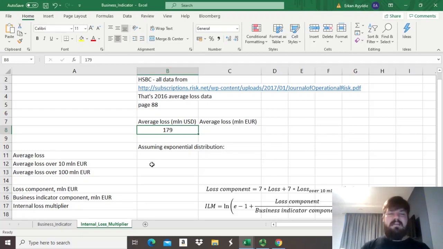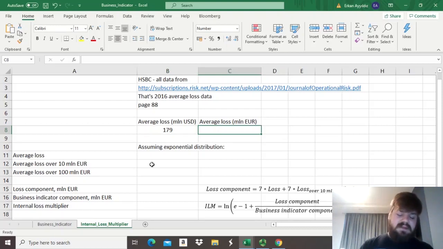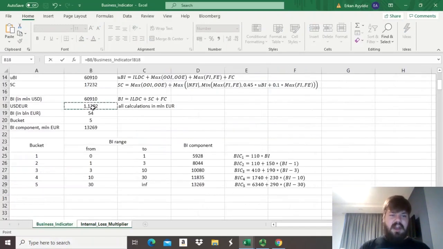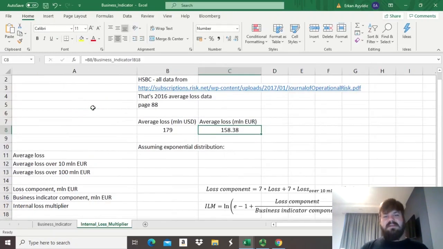Well, they will care about it, but not as much as about some other more substantial loss event. Again, the first thing that we need to do is convert that to euros, as that's what Basel reports all their thresholds and all their formulas in. So we just need to divide that by the exchange rate as for the day of recording, and we get our average loss to be equal to 158.38 million euros.